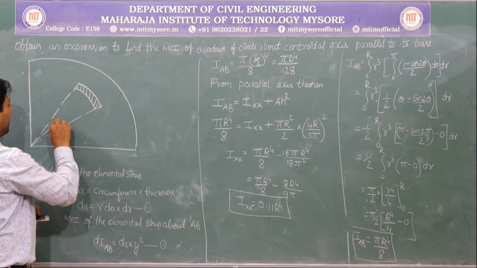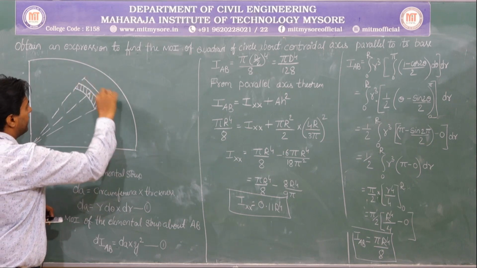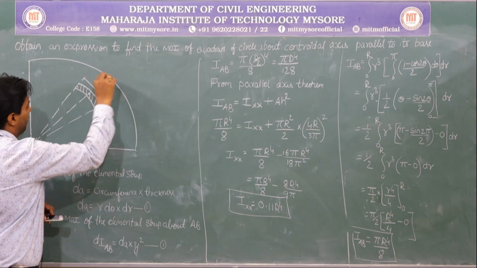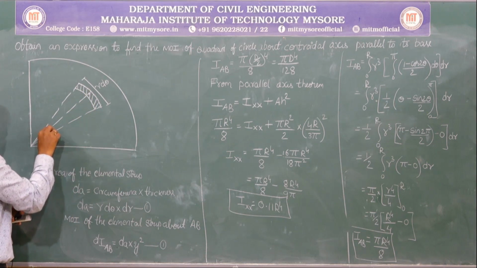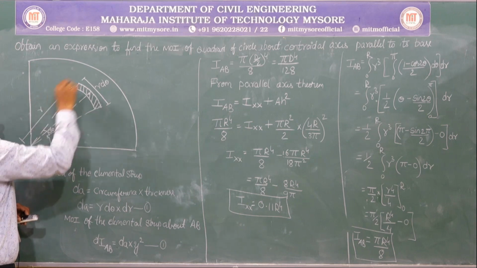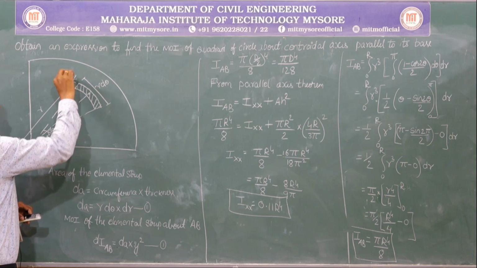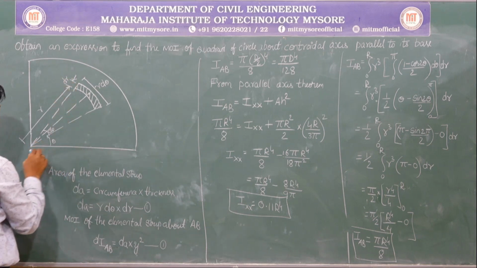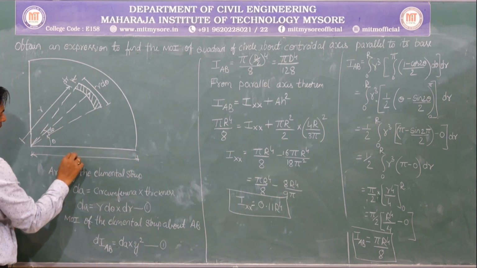Next let me draw a center line. This is r into d theta. This is theta. This is d theta. This distance is small r and this thickness is dr. And the total thing is the radius.